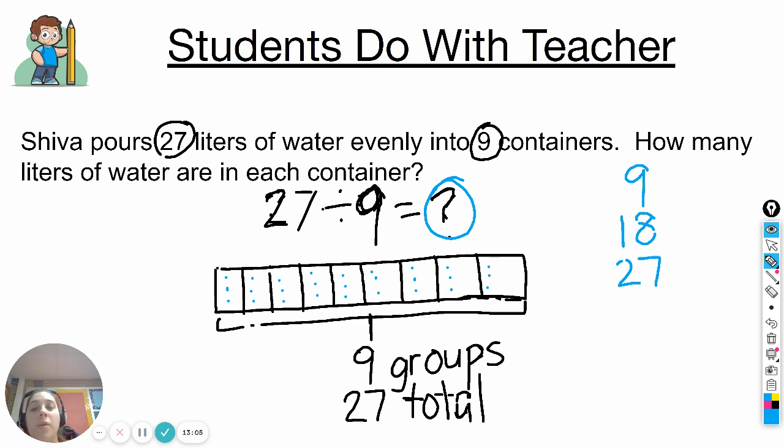Okay, so if you went into any of your groups, you should have been able to count 1, 2, 3. There was 3 liters that we were able to put in each container or in each group. So 27 divided by 9 equals 3, and that's the equation that represents our word problem.